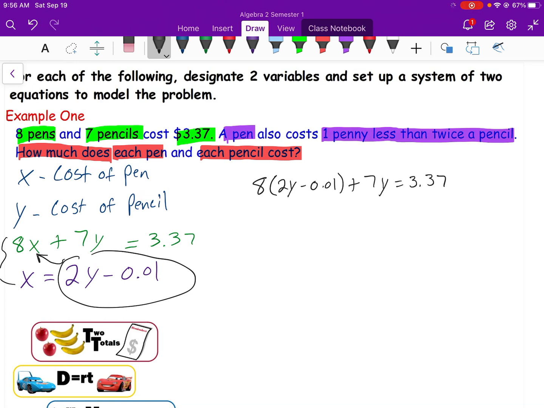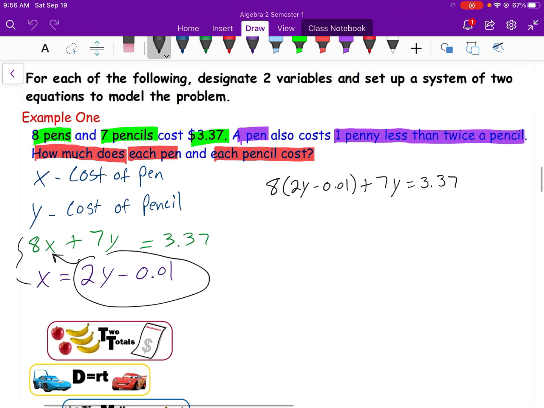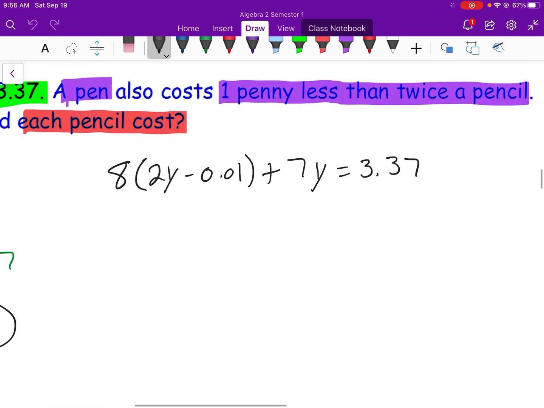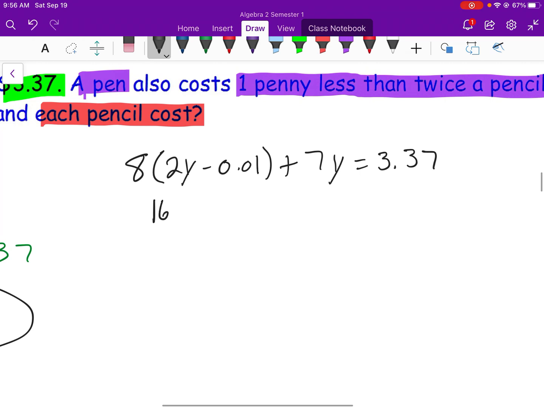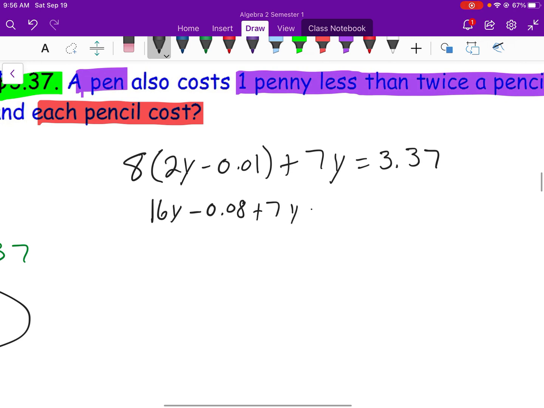Now we have just one variable, so I'm going to solve for Y here. We got 16Y minus 0.08 plus 7Y equals 337. Combining my Y's, I get 23Y. Adding that 0.08 to both sides, I get 345.